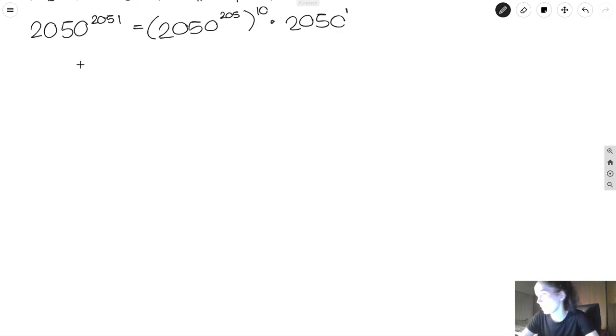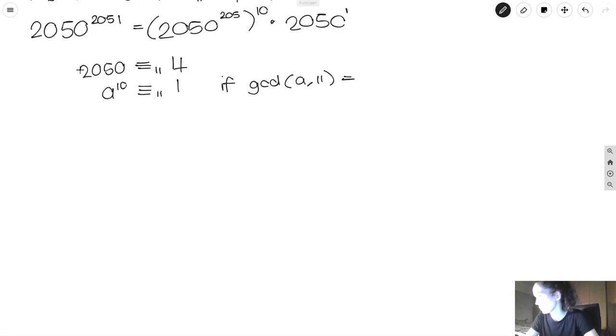Okay, so we have 2050. Let's rewrite 2050 in terms of its remainders. So 2050 mod 11 is going to be 4. By Fermat's little theorem, we had that a to the power of 10 is 1 mod 11 if GCD of a and 11 is 1.